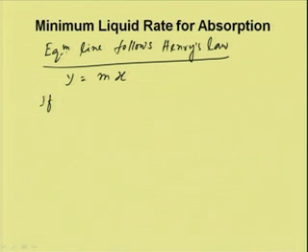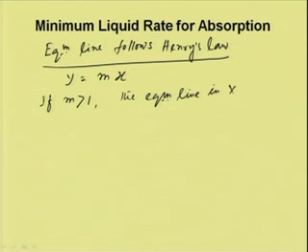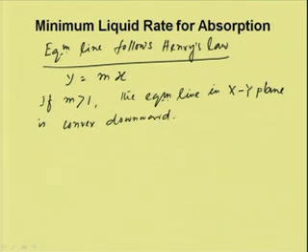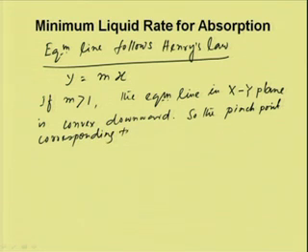If m is greater than 1, the equilibrium line in the x-y plane is convex downward, so the pinch point corresponding to the minimum liquid rate occurs at the bottom of the tower.